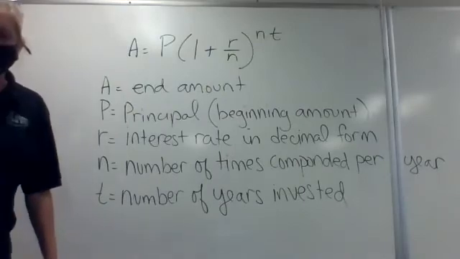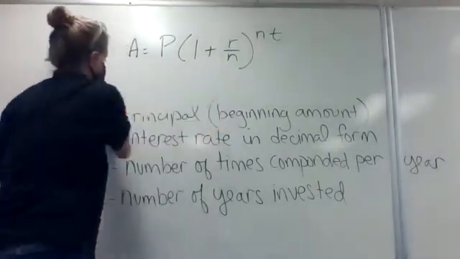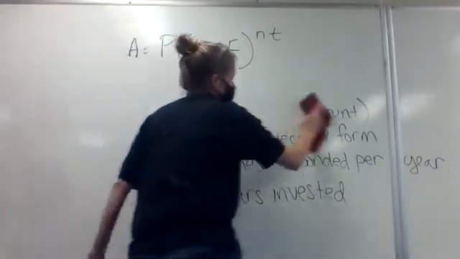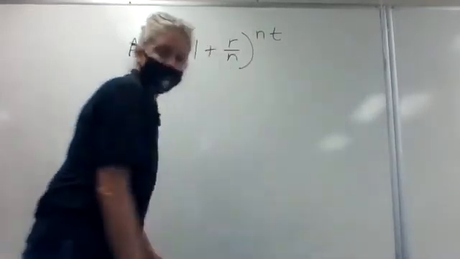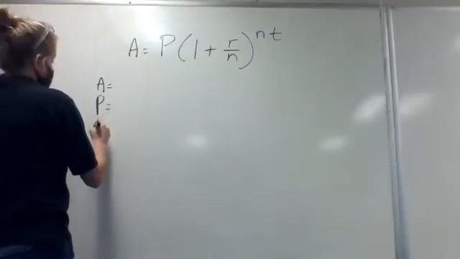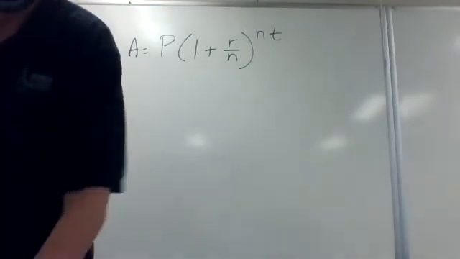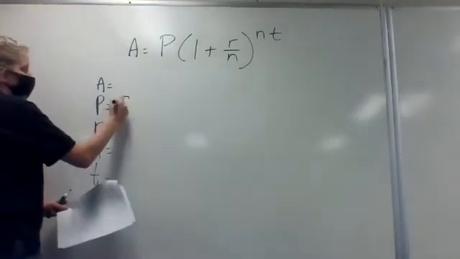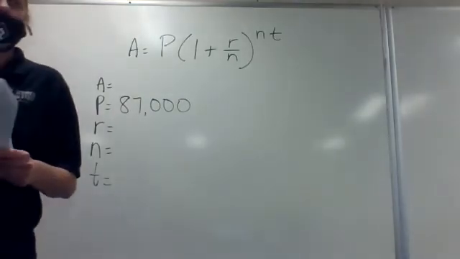Okay. So let's look at number 12 and see what the information is that they give me. So it says, suppose that $87,000 is invested, which means $87,000 would be your principal. That's the amount of money that you are starting off with.